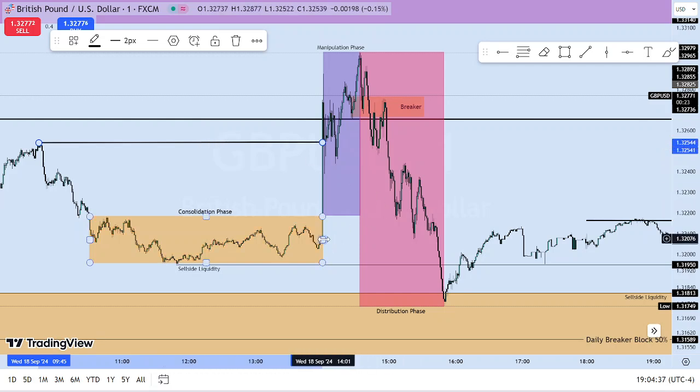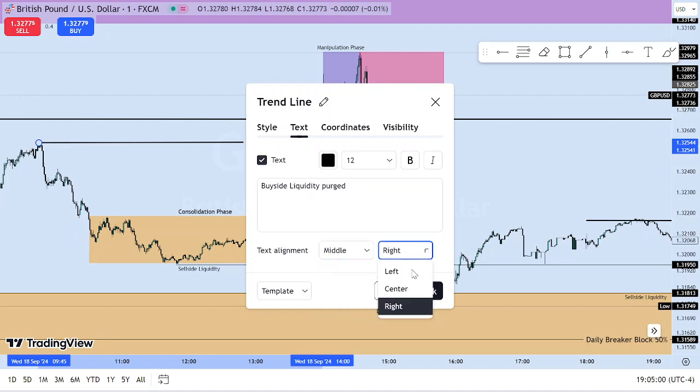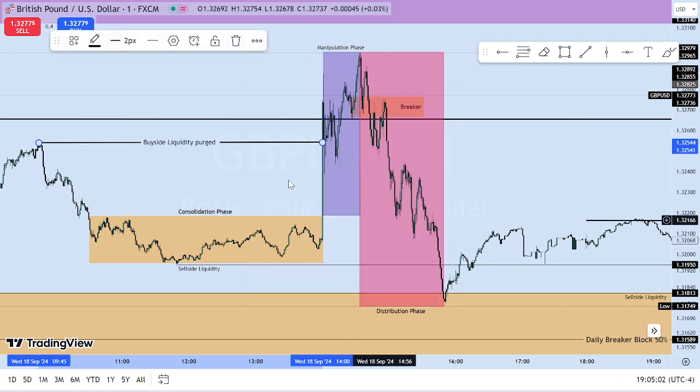So we are consolidating, then we had our manipulation to take the liquidity resting above here.